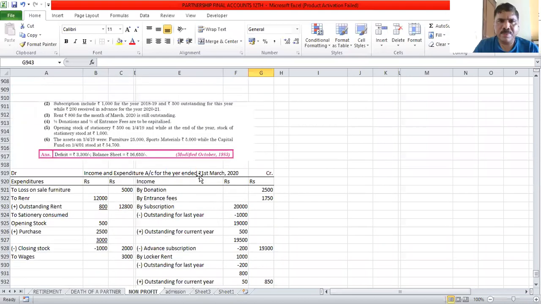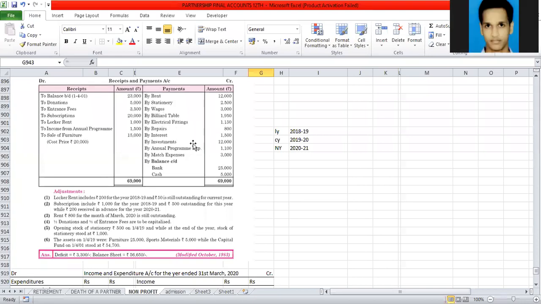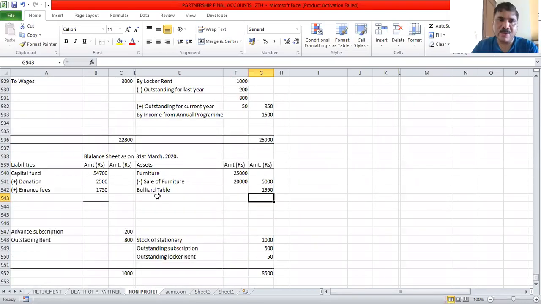Next we have electrical fittings. Where do we take electrical fittings? Expenditure. Do you understand what I mean by electrical fittings? Maybe fans also come under electrical fittings. These we call expenses. No, it is an asset, which is why it goes to the asset side.